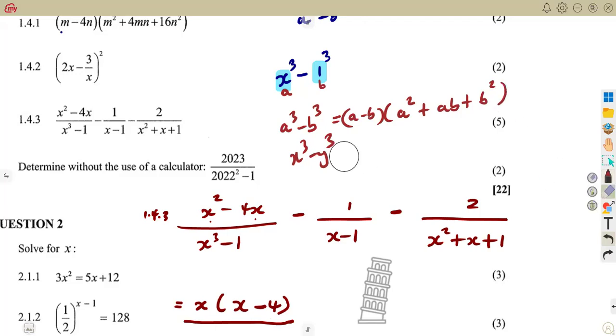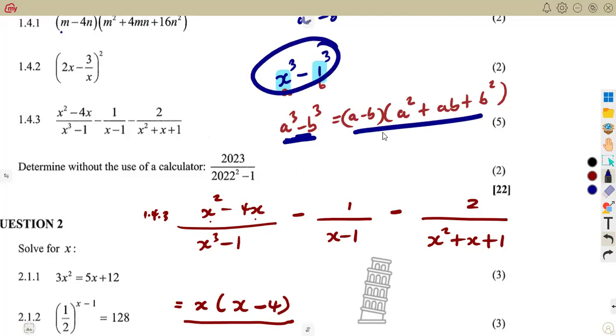Or you can write it in terms of Y, which means it will be X minus Y into X squared plus XY plus Y squared. If something of this nature can be written like this, it means we can write this one in that same format, because this is exactly what we have. X to the exponent of 3, 1 to the exponent of 3. So that's our A and our B.